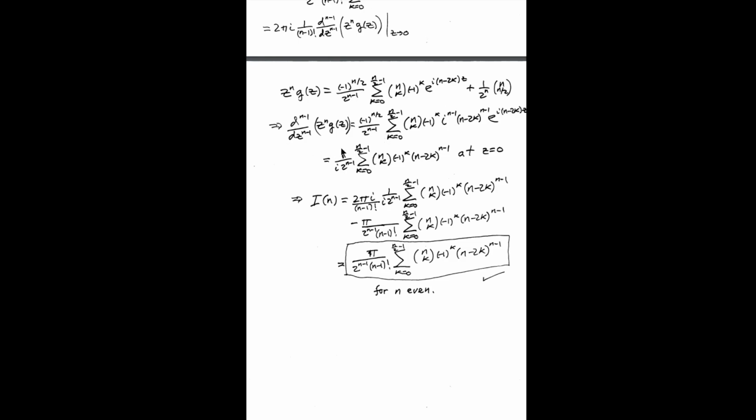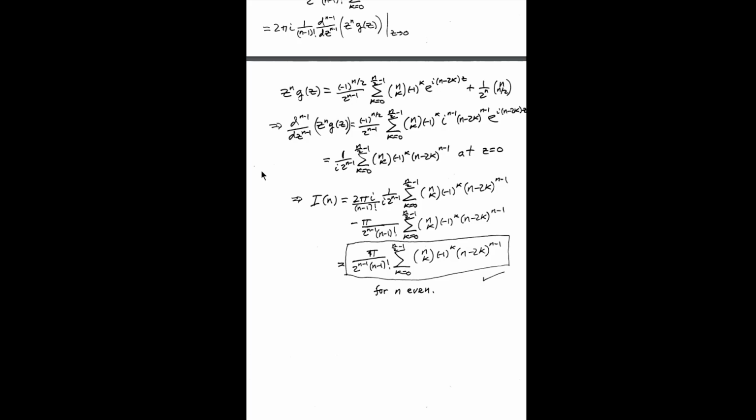And this equals 1 over i times 2 to the n minus 1 times the sum as k goes from 0 to n over 2 minus 1 of n choose k minus 1 to the k n minus 2k to the n minus 1 at z equals 0. We simply plug in z equals 0 right here.